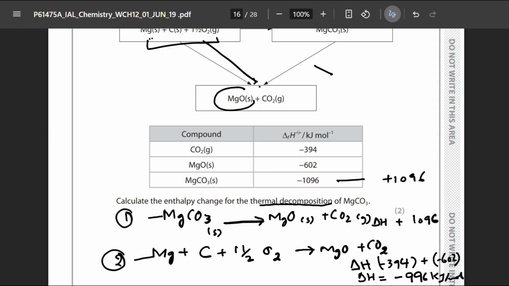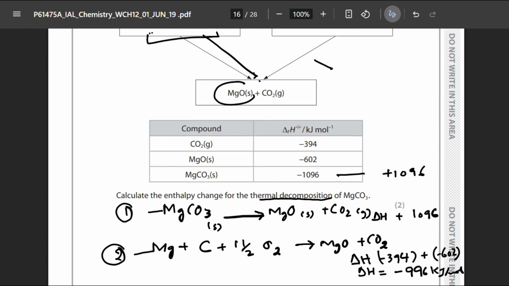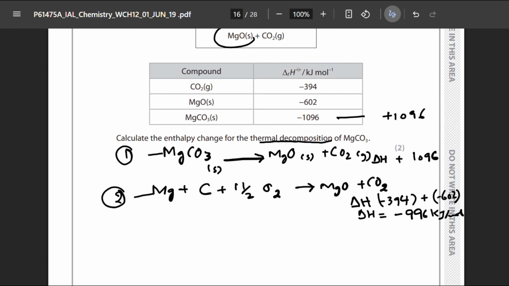So now we have two equations. One is the decomposition of magnesium carbonate and the other is the formation of magnesium oxide and carbon dioxide.